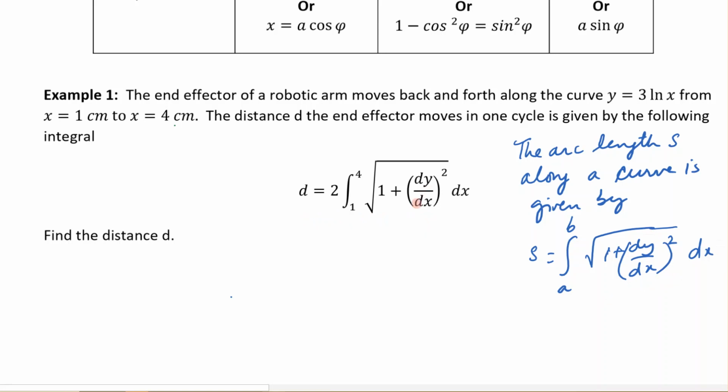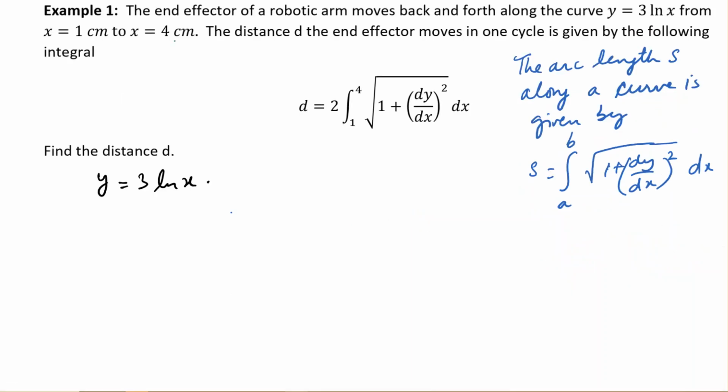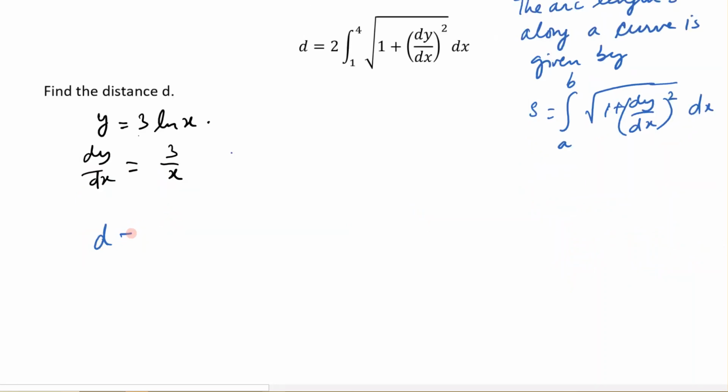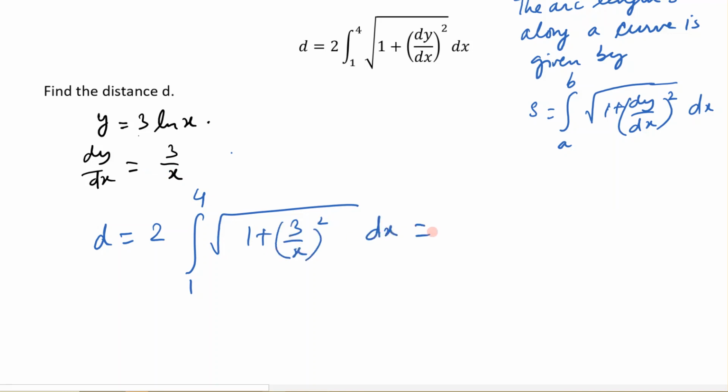So first of all, we will find dy over dx for our given curve y equals 3 ln x. Since y is equal to 3 ln x, dy over dx should be 3 over x. So putting the value in the expression of d, we get the integral of square root of 1 plus (3 over x) squared dx.